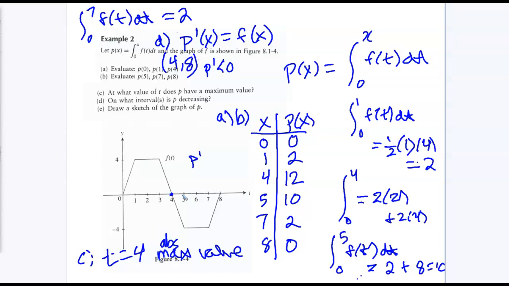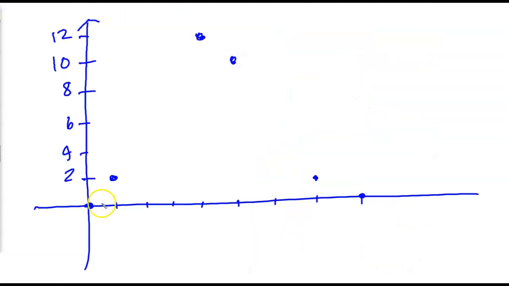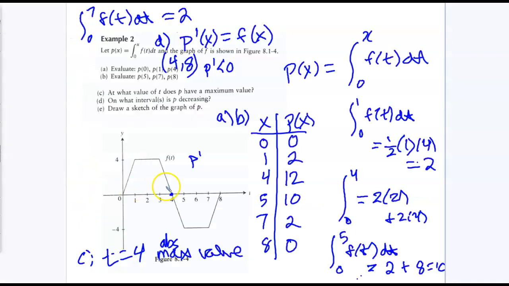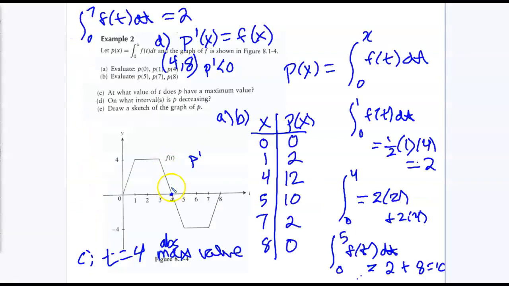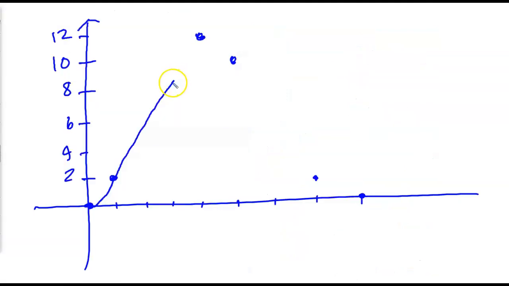So it's kind of tricky to sketch this one, but from 0 to 1 it's increasing in a concave up fashion. And then from 1 to 3, which is going to be somewhere up here, it's a constant. And then from 3 to 4, it's still increasing because the derivative is positive, but in a concave down fashion.